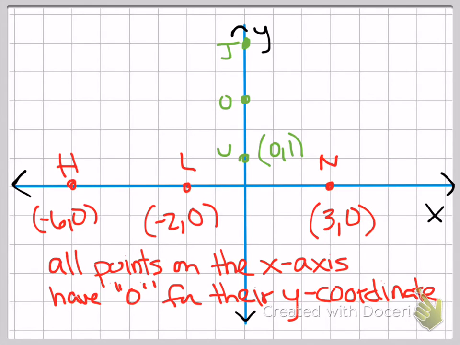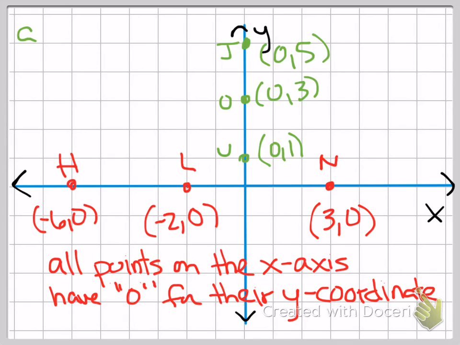Yes, Miss Lester? O is 0, 3. Yes. Ladies and gentlemen, what do you know about all the points that are on the y-axis?